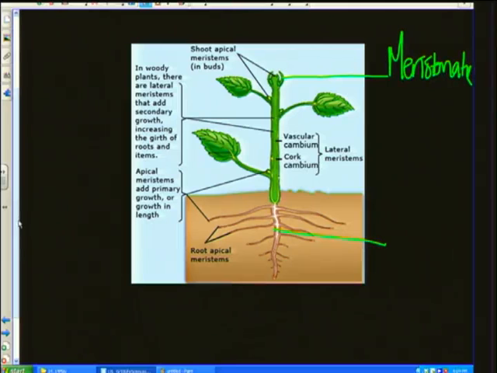Meristematic tissue was specialized tissue that could divide by mitosis for growth, repair, replacement. You remember we did mitosis? Meristematic regions allow the plant to grow. Meristematic tissue is embryonic tissue, it doesn't become differentiated.